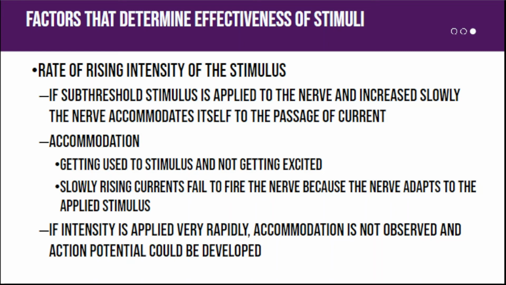Okay? So basically, let's say ang intensity mo is 5 at nasanay na yung nerve sa intensity of 5, eventually, wala na lang sa kanya yung intensity of 5. 'Di ba? At kahit itaas mo pa yan ng 6, ng 7, kung mabagal naman yung interval or matagal yung interval, wala pong mangyayaring excitation. But if the intensity is applied rapidly, pag mas mabilis yung pag-rise ng intensity, then accommodation will not be observed and action potential could be developed.